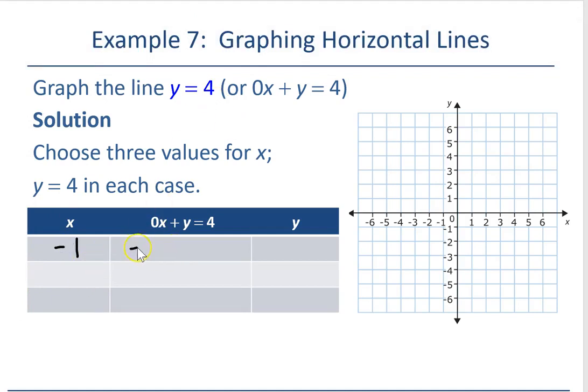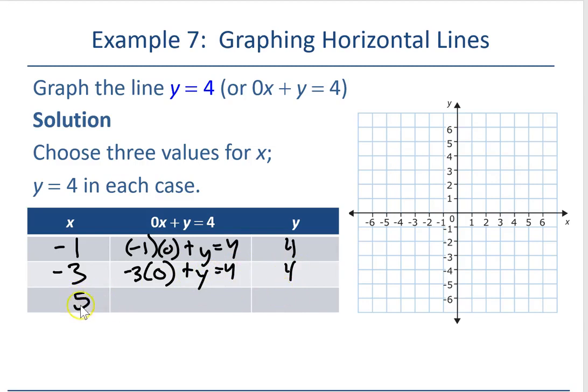Well, notice if I put -1 times x, that's going to be times 0 plus y equals 4. Well, notice here, I'm going to have 4. Well, how about we put in -3? Well, -3 times 0 plus y equals 4. Once you do that, you still get 4.